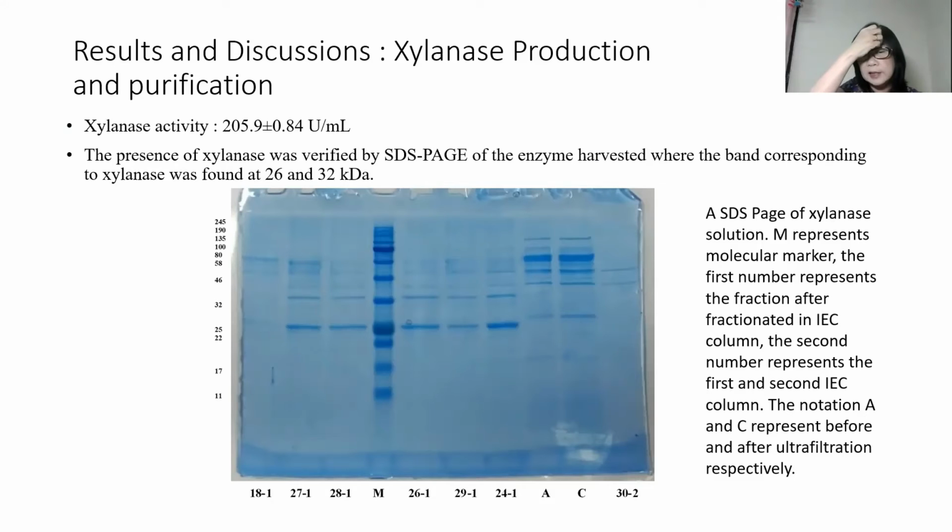Finally we know we get the Xylanase because we get the 26 and 32 kilodalton bands. You can see this band here, and also this band here. So this SDS-PAGE shows that we actually get the Xylanase enzyme.